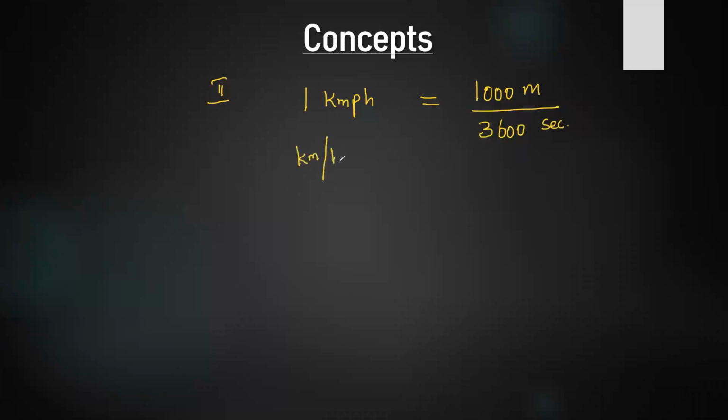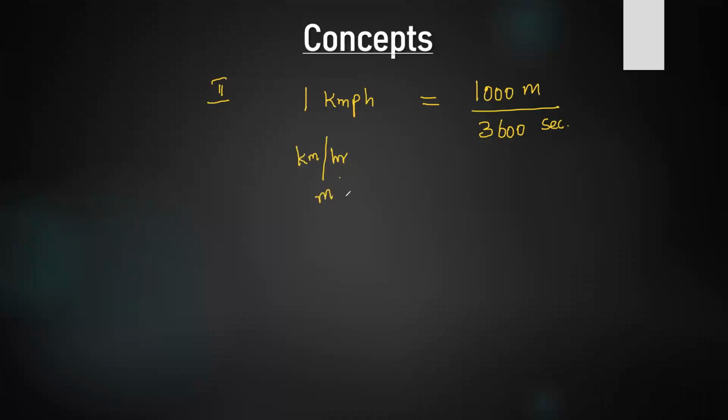Second point, conversion. So 1 kilometer per hour, converting into meter per second. We know that 1 kilometer equals 1000 meters. For 1 hour, how many seconds? 3600 seconds. So if it is in kilometers, the time should be in hours.